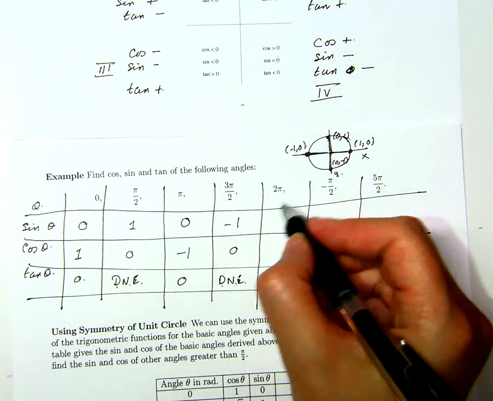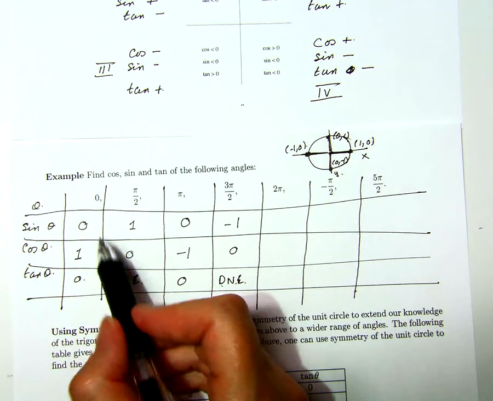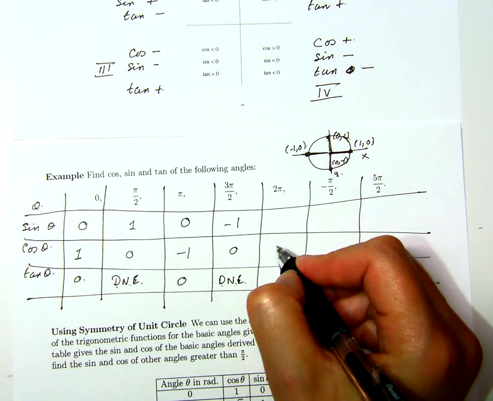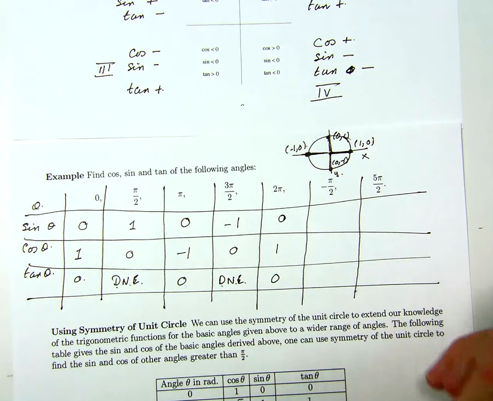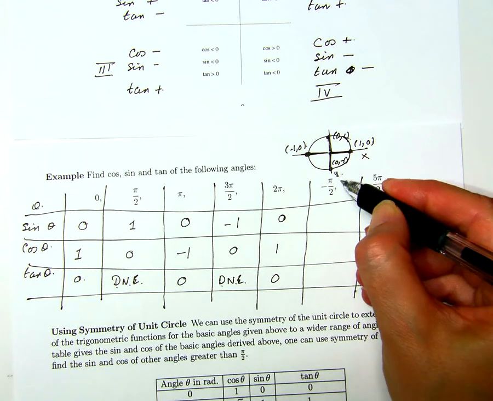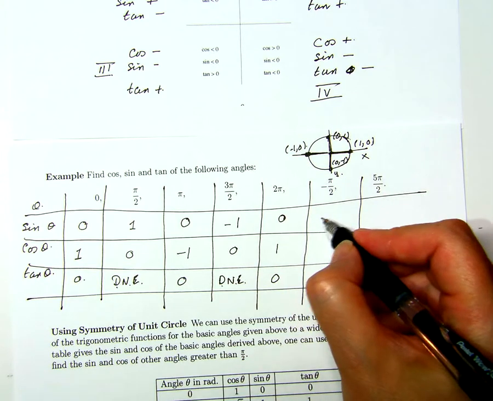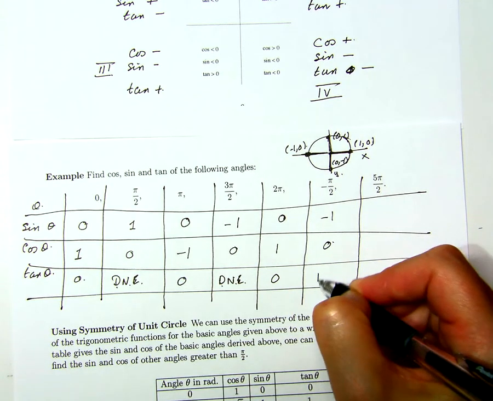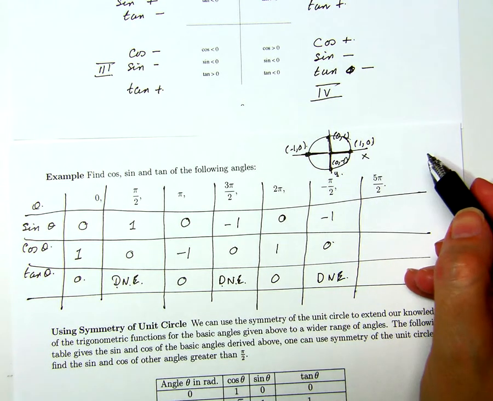The angle 2 pi is coterminal with the angle 0, so its sine, cosine, and tangent are exactly the same as the sine, cosine, and tangent of 0. The angle minus pi over 2 is coterminal with the angle 3 pi over 2, so it has the same sine, cosine, and tangent as that of 3 pi over 2.